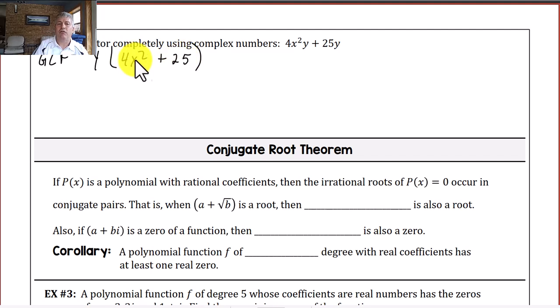So our difference of two squares pattern generally says we could factor this using the square root of 4x squared and the square root of 25, but without a minus sign, we couldn't do that. But now with imaginary numbers, with a plus sign, we can.